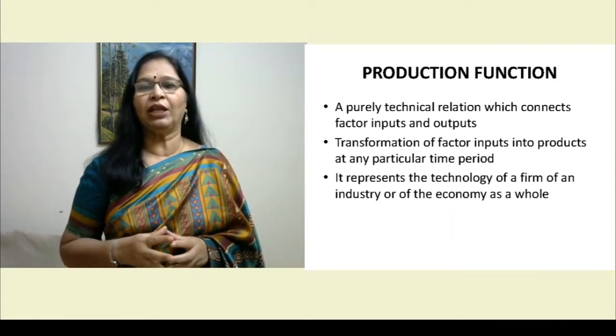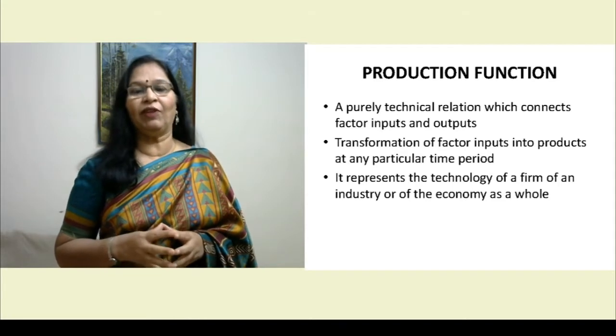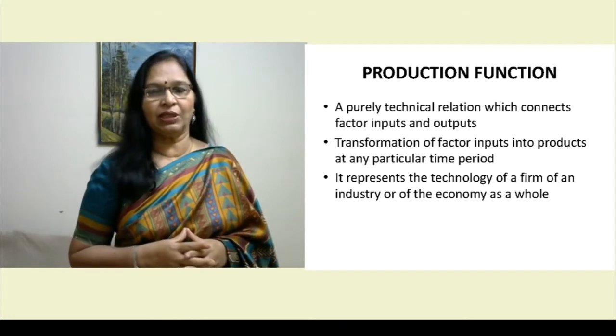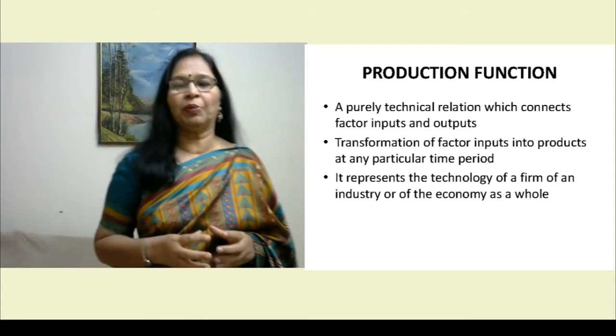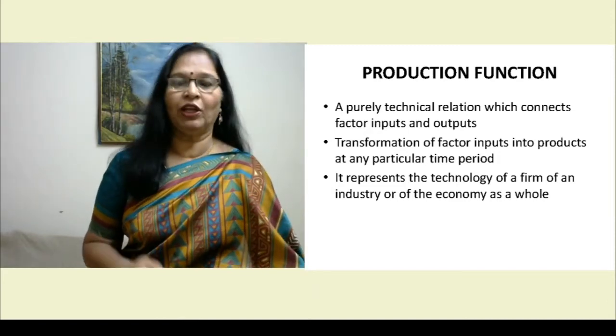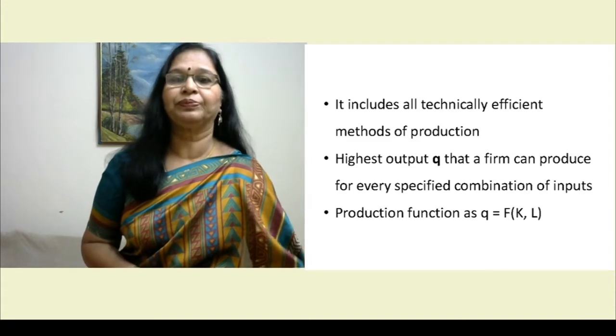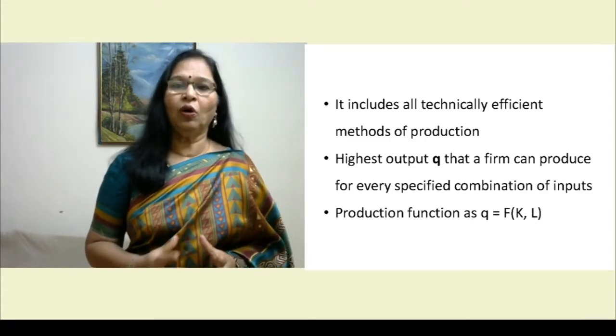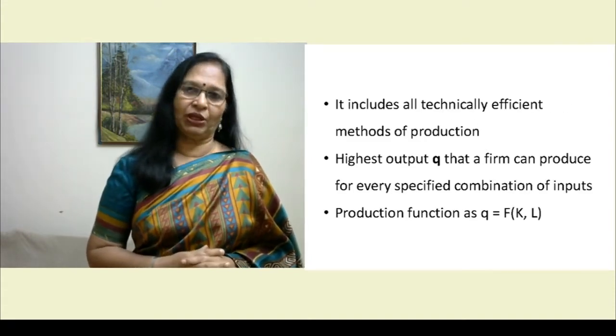And it also relates to the technology of the firm that is available in this conversion process at that time. So the production function relates to the inputs and output of the economy at a given time. It includes all technically efficient methods of production.